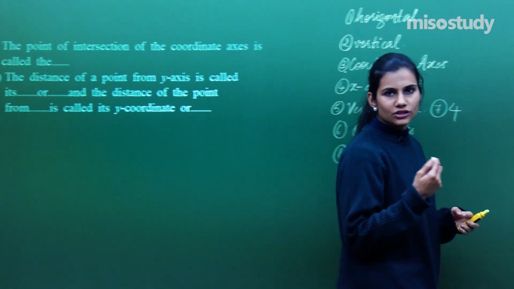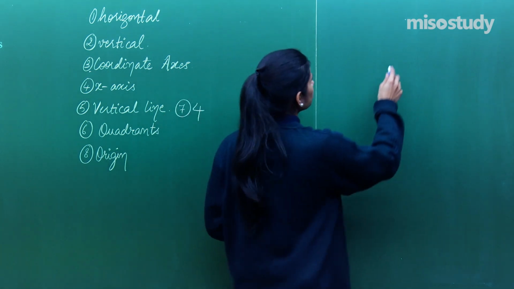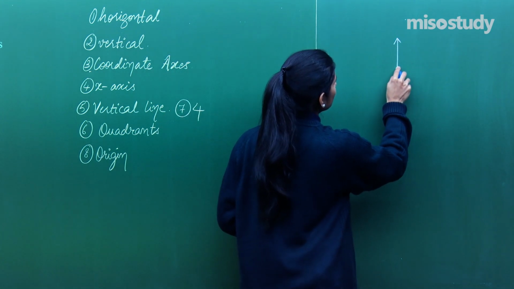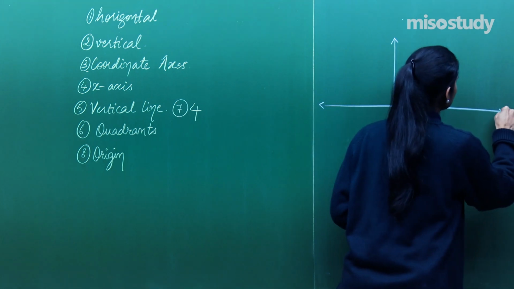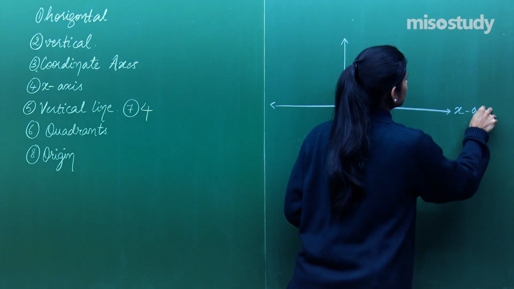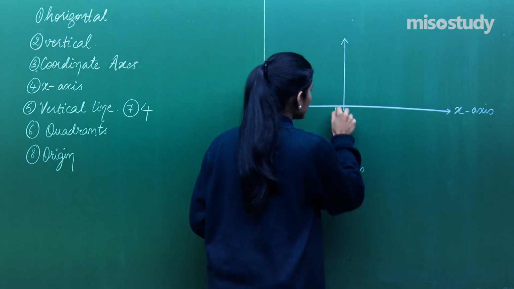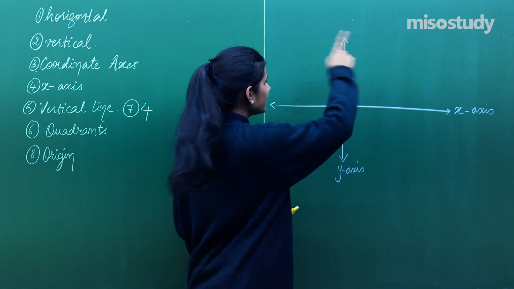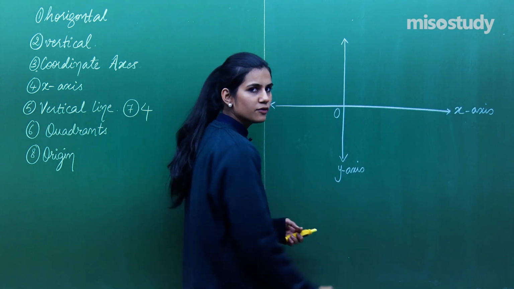Basically, let me just revisit the concept of a point in the Cartesian plane. This is your plane, this is the x-axis, the vertical one is the y-axis. Both are meeting each other at the origin, dividing my entire plane into 4 equal compartments: the first quadrant, second quadrant, third quadrant and the fourth quadrant.